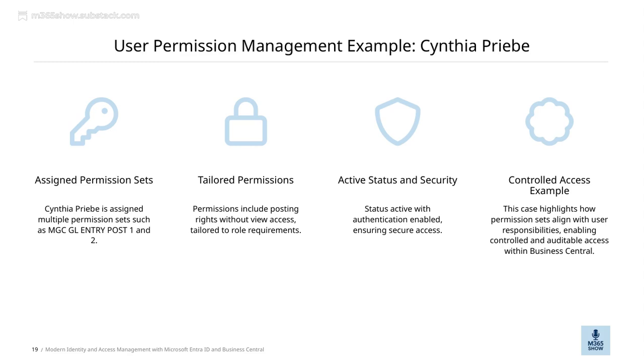These permission sets collectively define what she can do within the system, giving her the necessary tools to perform her tasks efficiently while maintaining control. Overall, this example underscores the importance of carefully managing user permissions, ensuring security, accountability, and operational efficiency within Business Central.